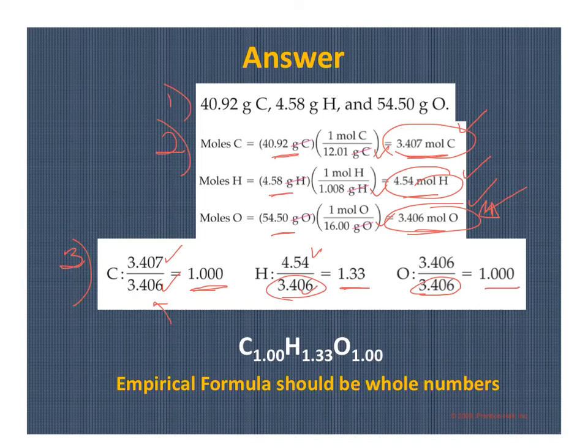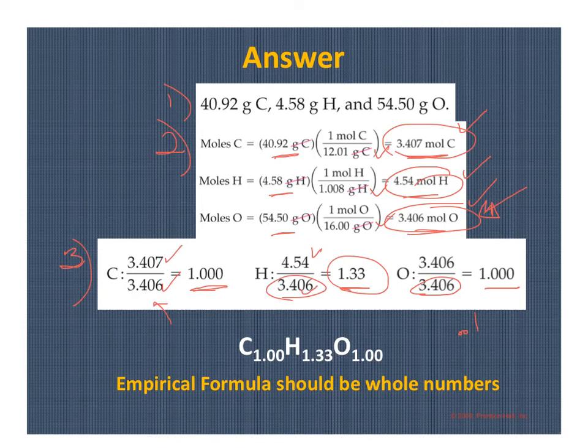Remember the rule of thumb I told you that after you divide by the smallest mole, if all of your mole values are within 0.1 of a whole number, you can round. 1.33 is not within 0.1 of a whole number.